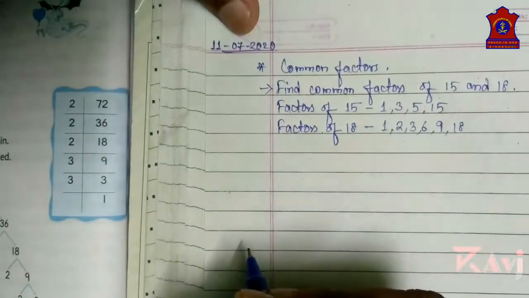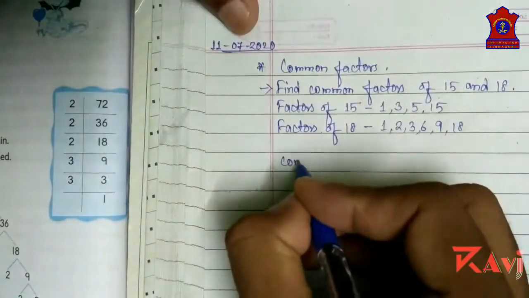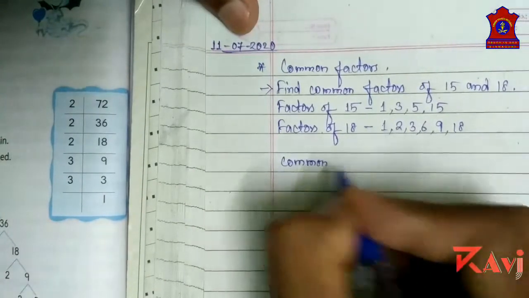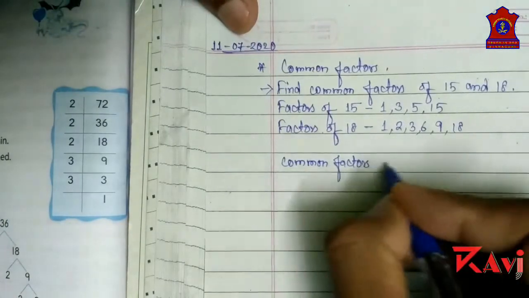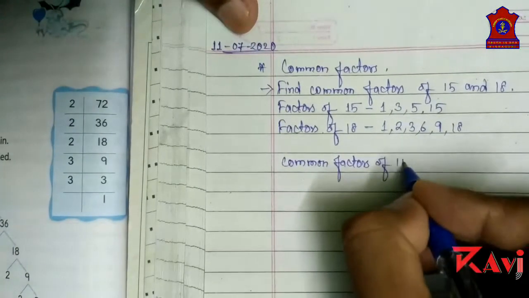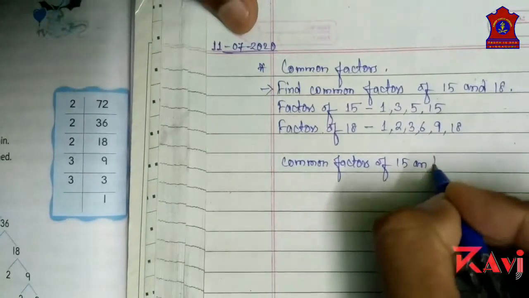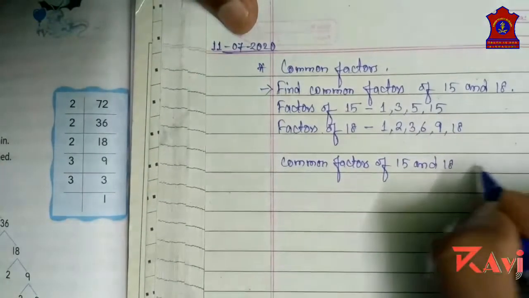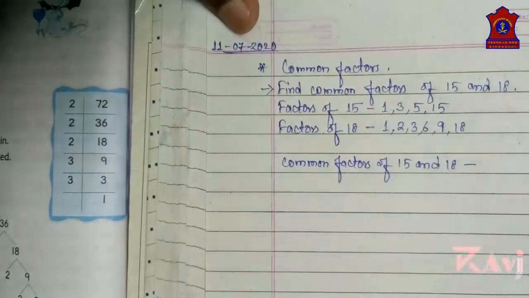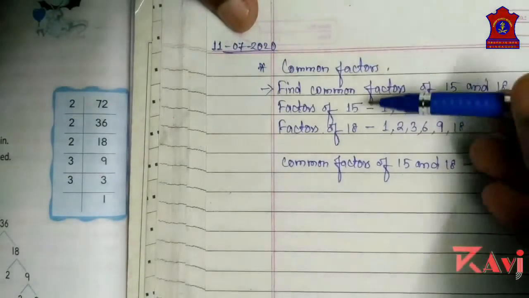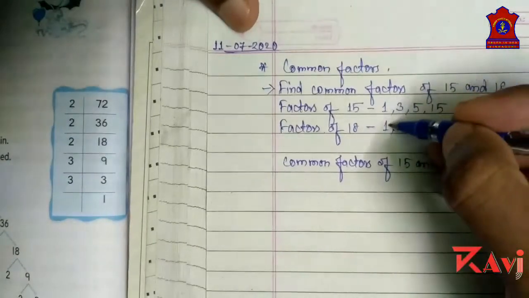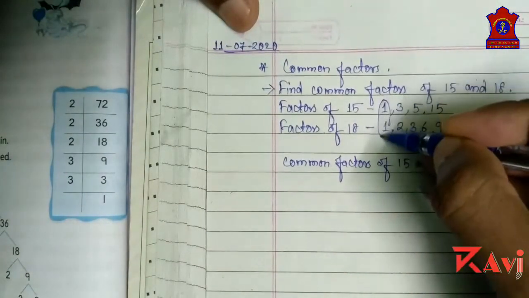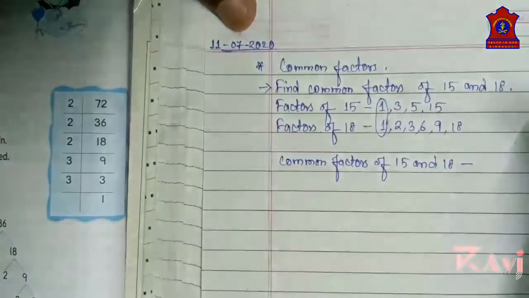These are the factors. Now common factors of 15 and 18. Now see, what are the factors you find common between 15 and 18? See here, 1 is common. 1 is common. Clear?